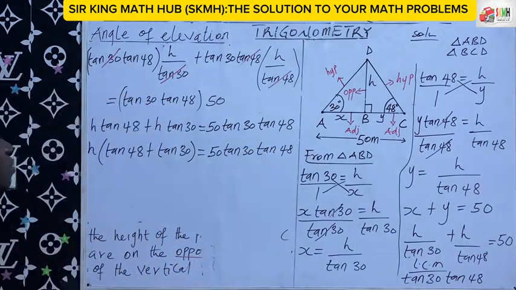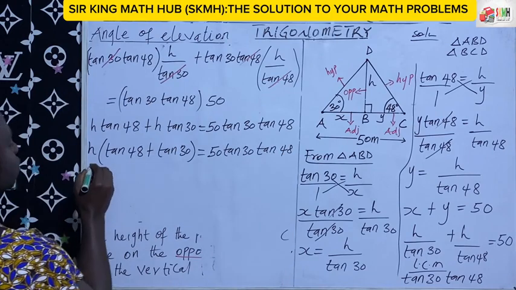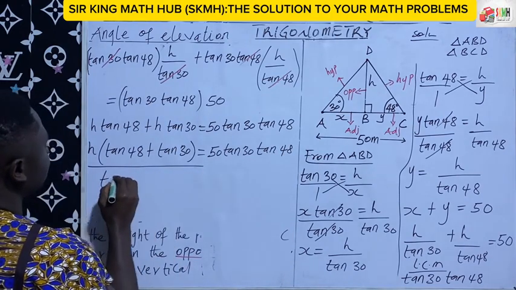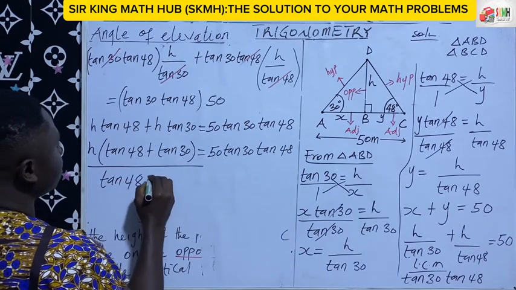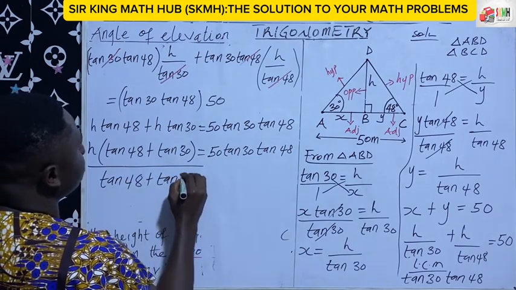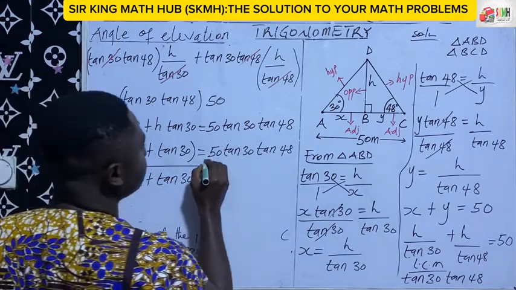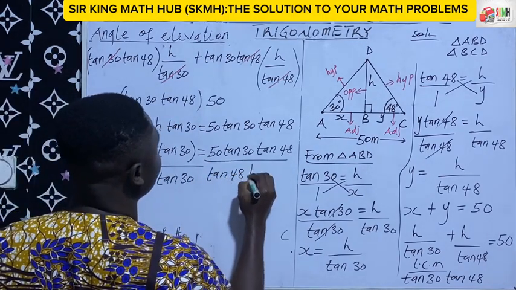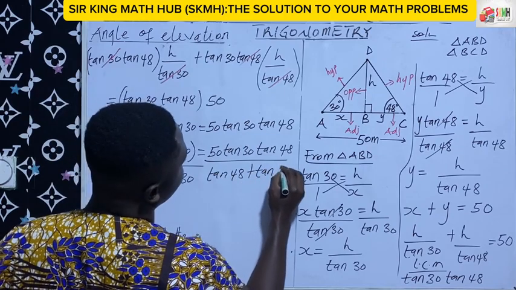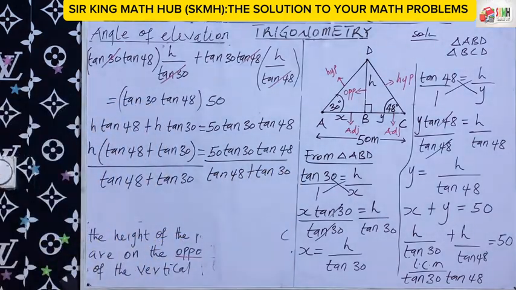We are looking for h, so we can divide both sides by tan 48 plus tan 30. You're almost done.